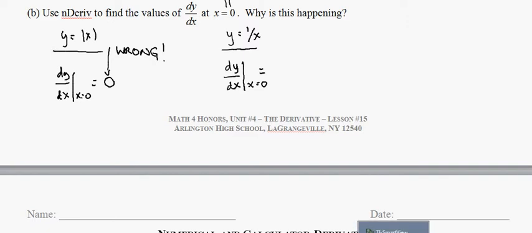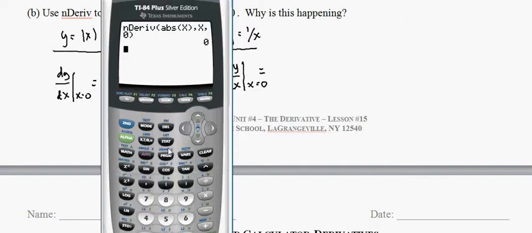Now, for 1 over x, I bet many of us will have answers that differ. Let's do Math, option 8. We'll do 1 divided by x, comma, x, comma, 0. Now again, remember, it should say to us, sorry, no can do, discontinuity there.